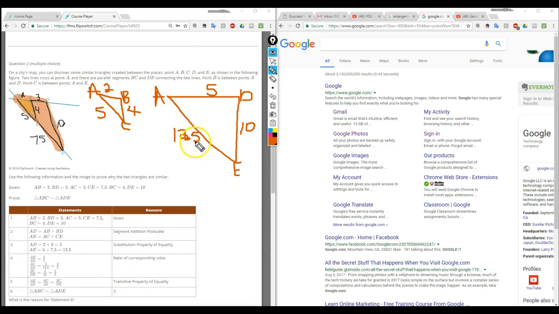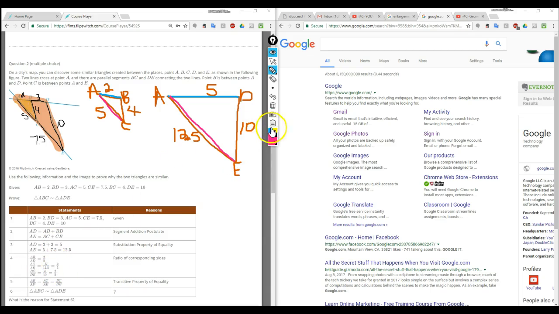And now they're talking about ratios of corresponding sides. So they took AB, corresponding side is AD, so 2 divided by 5. The other corresponding sides ratio was AC, which was 5, and AE, which is 12.5, which reduces down to 2 over 5.